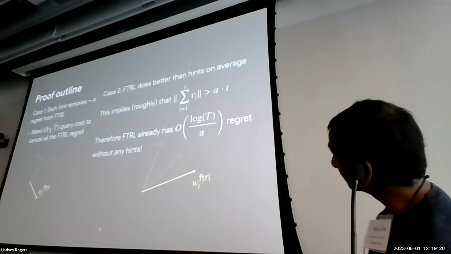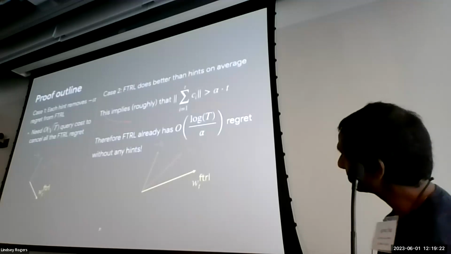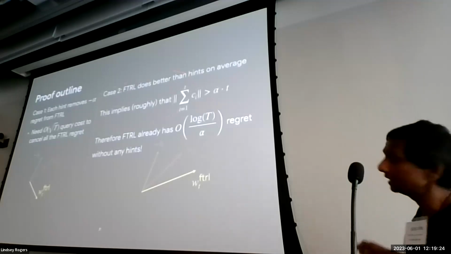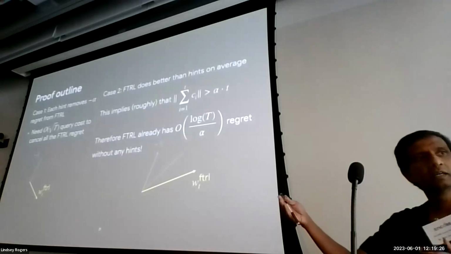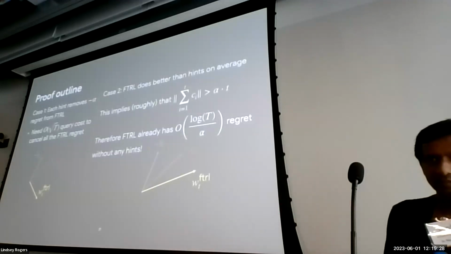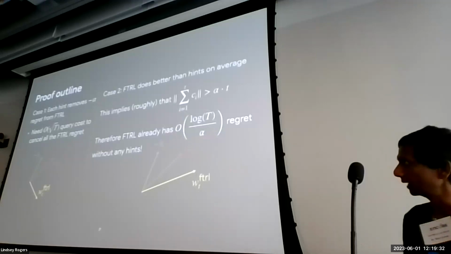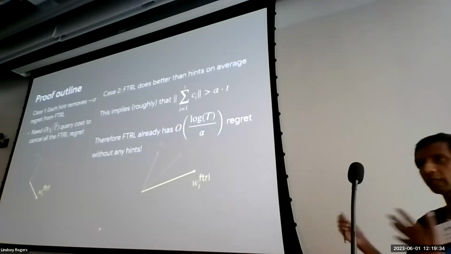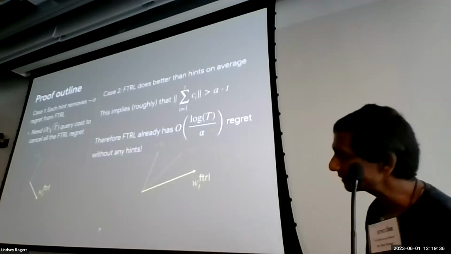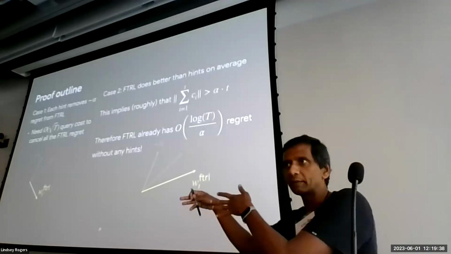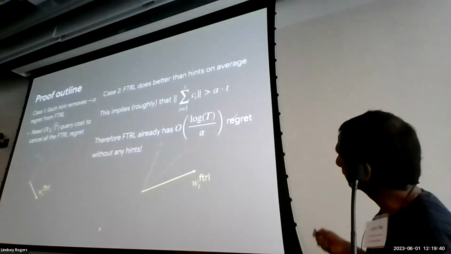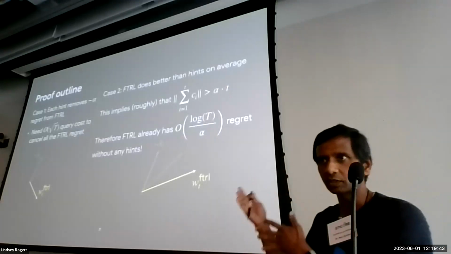What we show is that if this really happens, then this roughly implies that the costs are actually linear, which, if you appeal to the previous result I put up, the improved analysis of FTL, you get a log regret. So in both cases, you get a log regret. In this case, by canceling out all the root T regret from FTRL, and in this case, by using some other structural property of the costs.